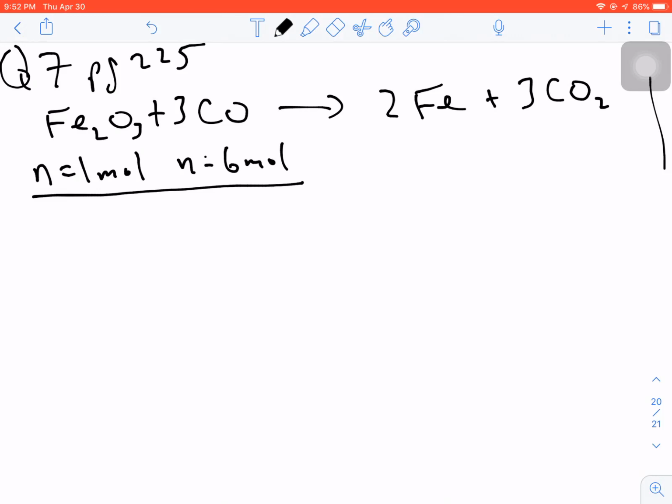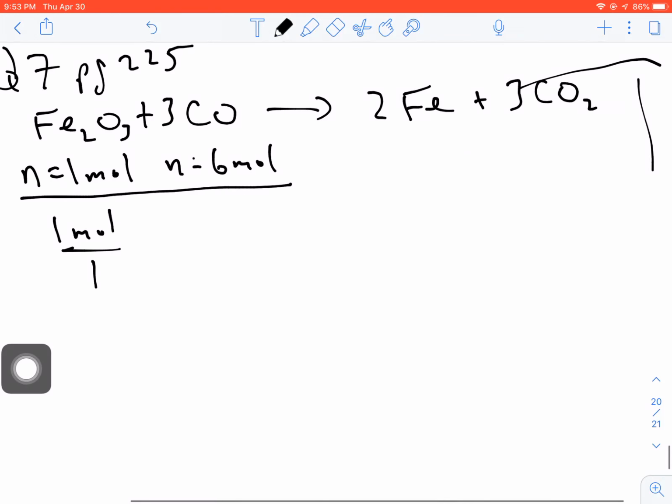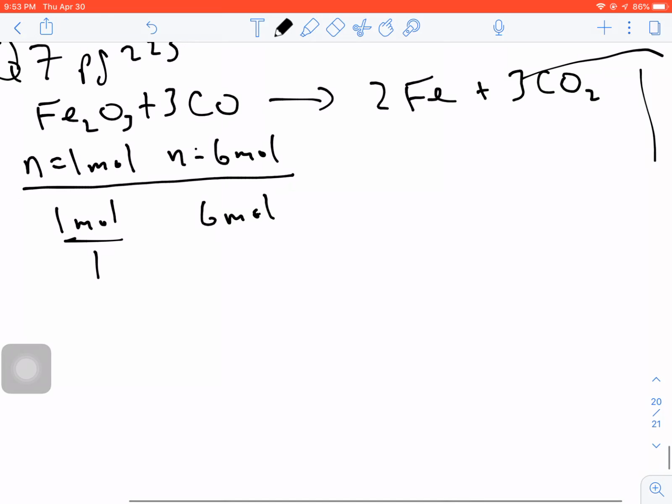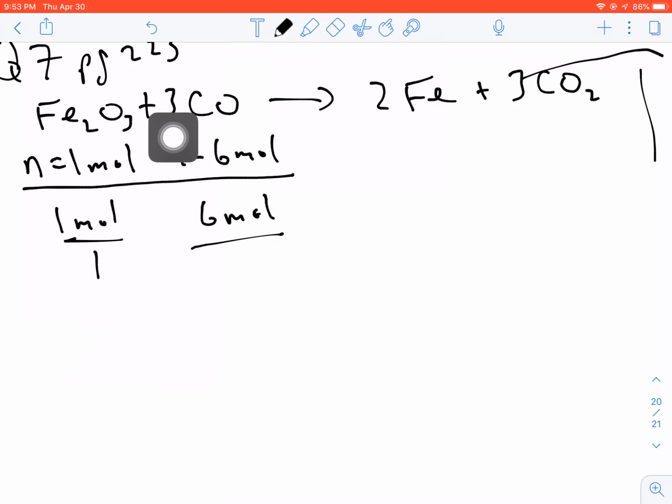Now remember, to find the limiting one, we take the number of moles and divide it by the coefficient in the balanced equation. For iron(III) oxide, hematite, it's 1. For the carbon monoxide, I'm going to take my 6 moles that were given and divide it by the number in the balanced equation, which is 3.